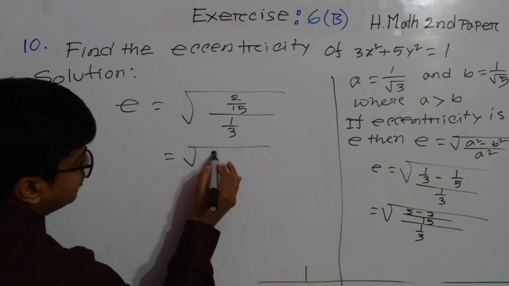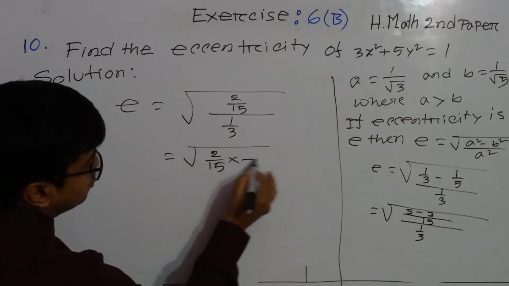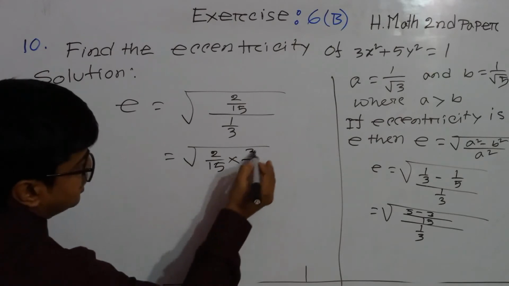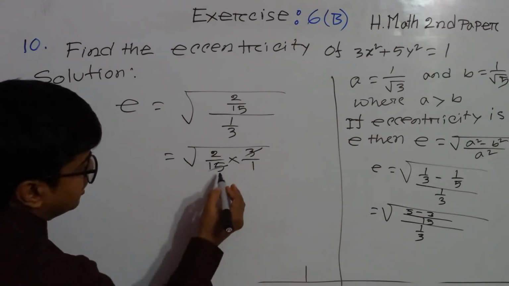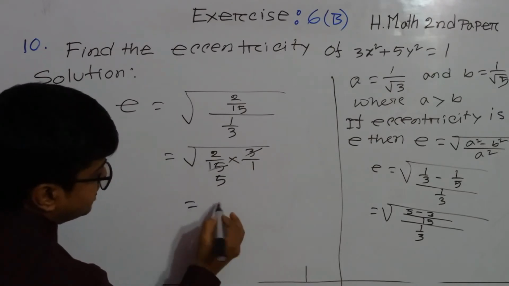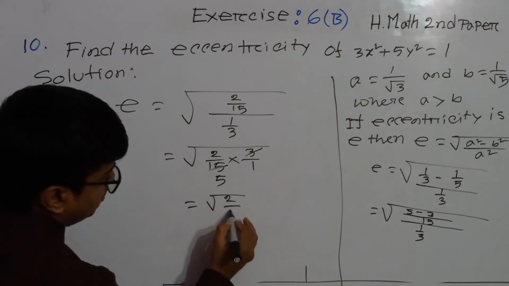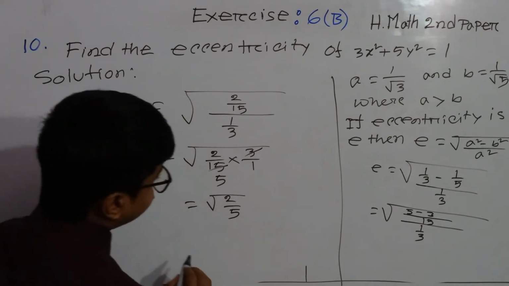So we can write 2 by 15 into 3 by 1. After calculation, it will be square root of 2 by 5.